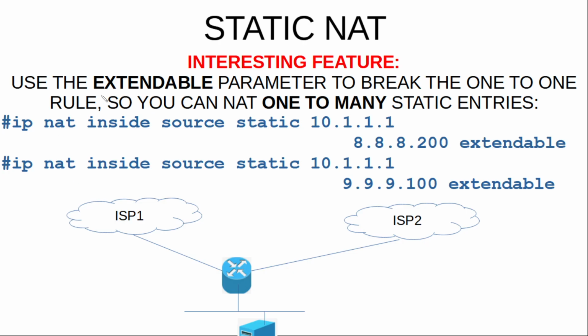Now we have an interesting feature. We have been saying that the static NAT is a one-to-one mapping. But with the extendable parameter, we can, for instance, have one IP address that maps to two or more IP addresses. So let's say we have this example here where you have a dual homing.